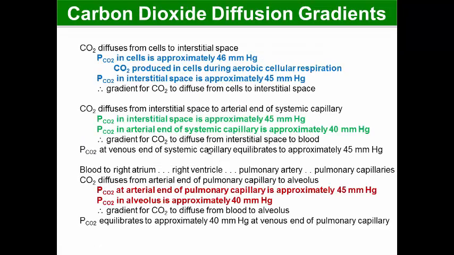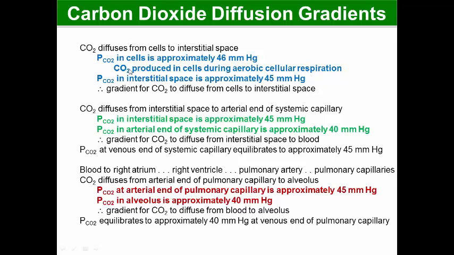Carbon dioxide diffuses in the opposite direction. So carbon dioxide diffuses from the cells, then to the interstitial space, then from the interstitial space to the blood in the systemic capillaries. So the partial pressure of carbon dioxide in the cells is approximately 46 millimeters of mercury, because carbon dioxide is produced in the cells during aerobic cellular respiration when adenosine triphosphate is being formed.